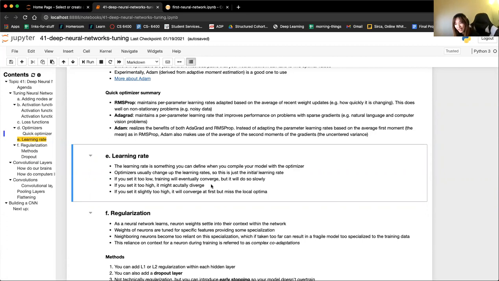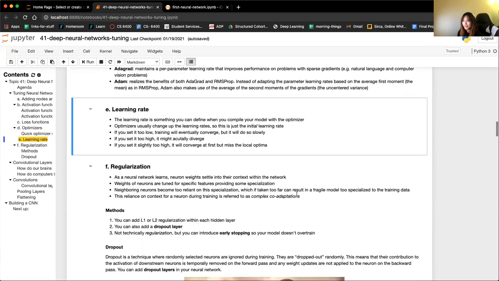If you set it too high, it might actually overshoot the optimal parameters. And if you set it slightly too high, it might converge eventually after missing the best values. I usually don't play around with learning rate too much, but you can, it's an option.